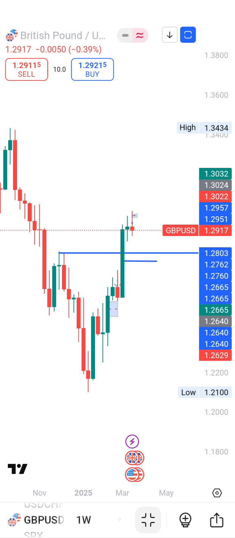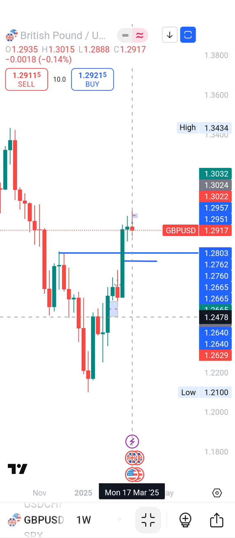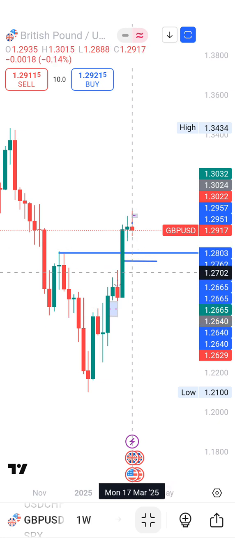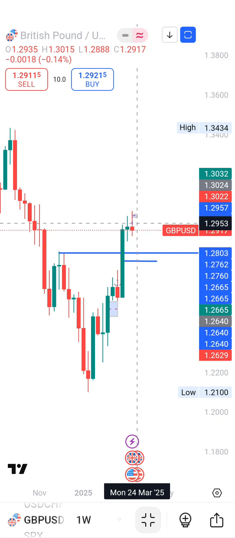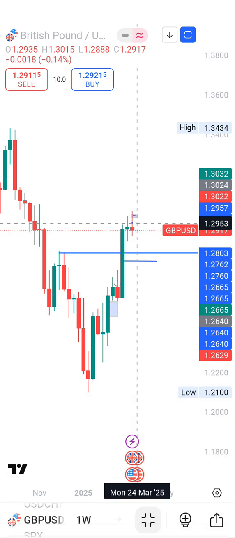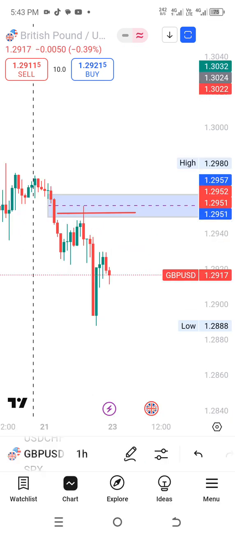Finally, on GBPUSD, pay attention. We still want price to trade a little bit lower before thinking of how to push forward. But let me show you if we can get a little entry on GBPUSD.